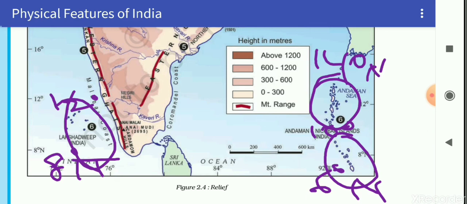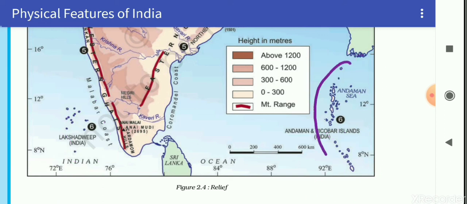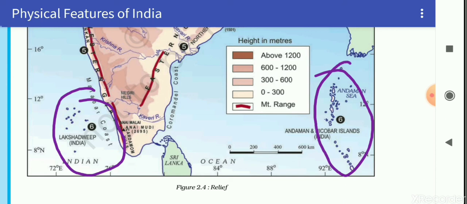Now the next point can be capital. As you know, the capital of Andaman and Nicobar is Port Blair, while the capital of Lakshadweep is Kavaratti. And the last point for Andaman and Nicobar can be the 10° channel. It means that it is the 10° channel which separates the Andaman and Nicobar Islands.